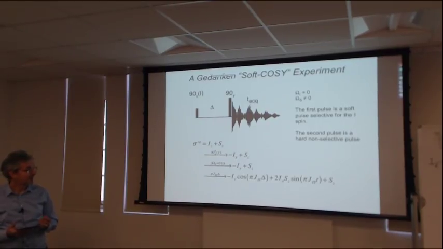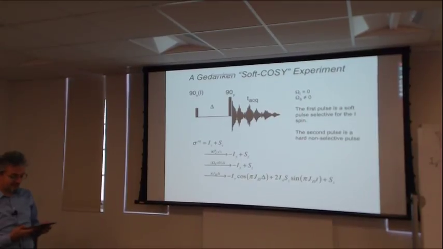So minus IY will have the cosine of pi J delta, and then minus IY will rotate towards plus 2IXSZ. With our rules we have on the board. And of course, the SZ operator commutes with the scalar coupling, so nothing happens to it.